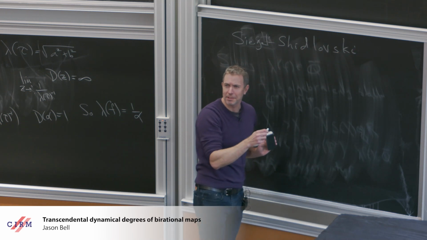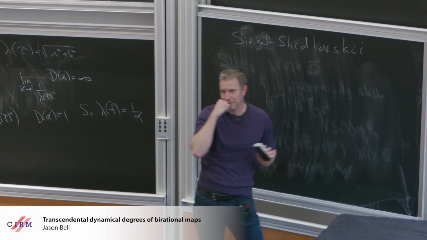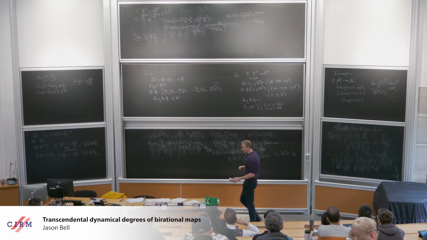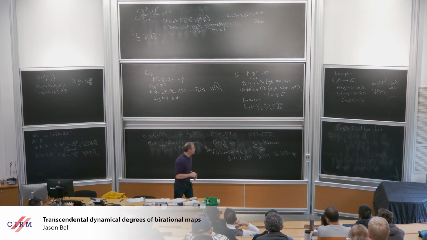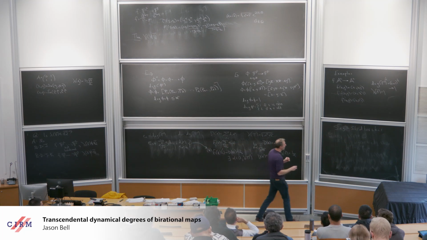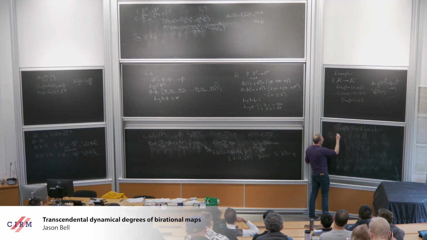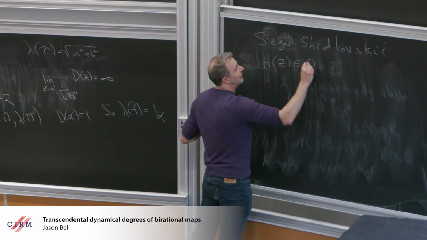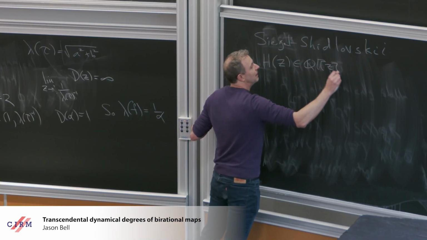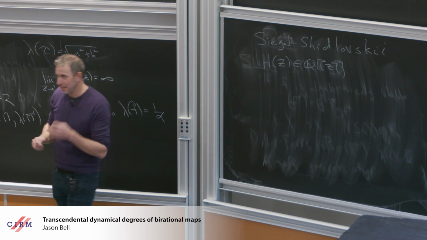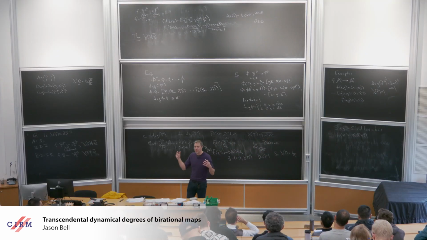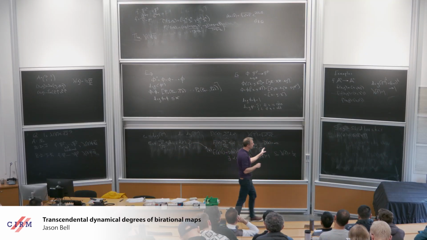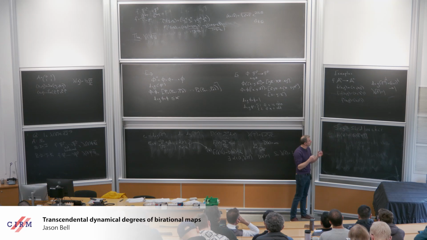Okay, thanks. Boris mentioned this. The general philosophy behind Siegel-Shidlovsky is you start with a power series. Let's say it starts with an E function, but let's just talk about it generally as just some power series that converges in some radius of convergence.